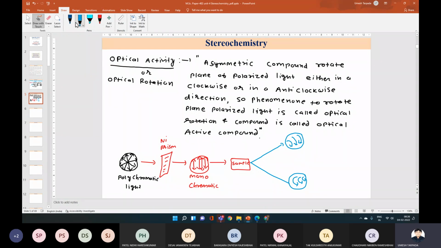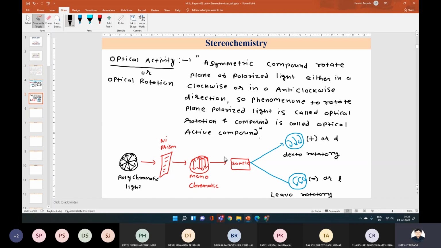The substance which rotates the light in a clockwise direction is called dextrorotatory. A substance which rotates the light in an anti-clockwise direction is called levorotatory. Dextrorotatory is represented by plus, or a small d. Levorotatory is represented by minus sign, or an L.